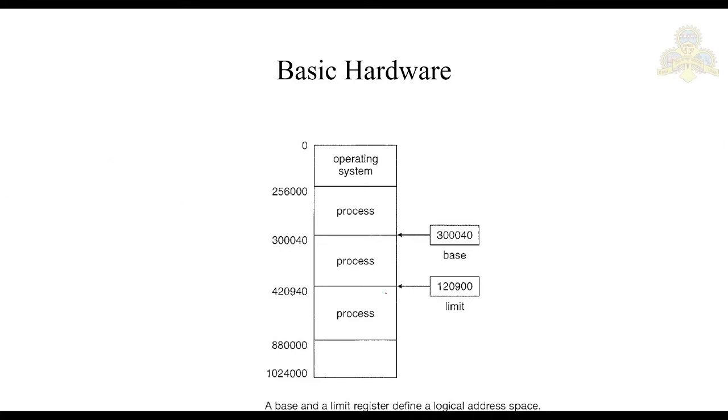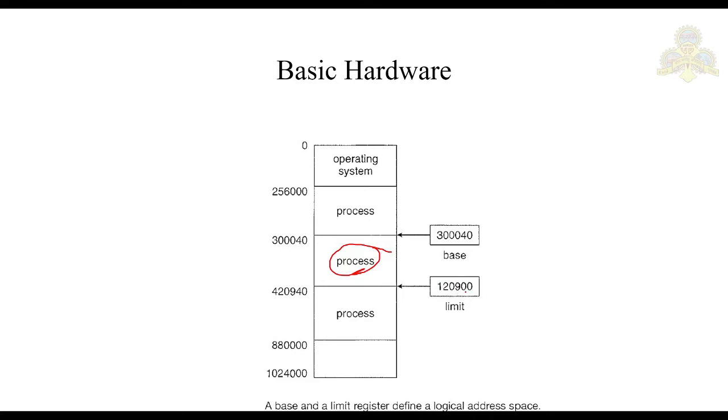Okay, so let us consider this process. The base register contains the starting address of that particular process where it has been residing. If you consider this process, the starting address of this process is this one, 340,000. That is the base register value. Then you have the limit as 1,20,900.